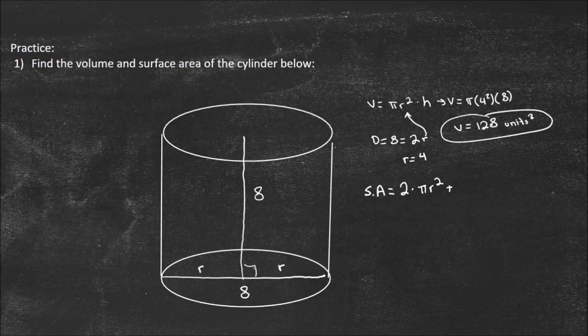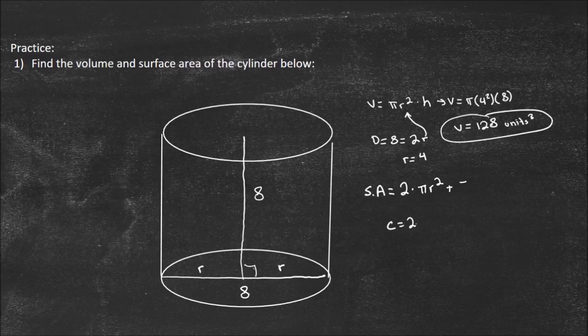Then I have a middle section. I have the area of the bottom and the top accounted for, but what about the area of everything showing up on the sides? That's got to be related to the circumference, and it's going to be the circumference times the height, because that's how tall the cylinder is, and all of that is on the outside. Let's think about the formulas for circumference.